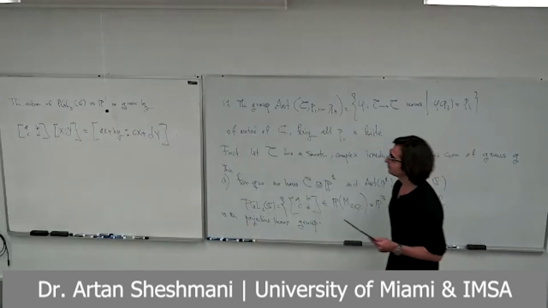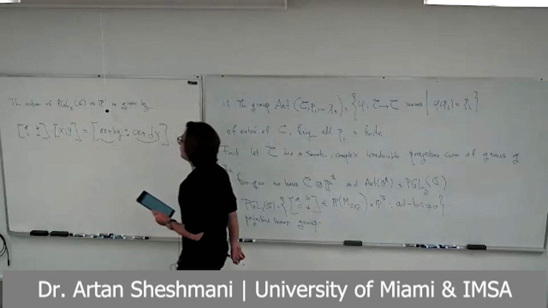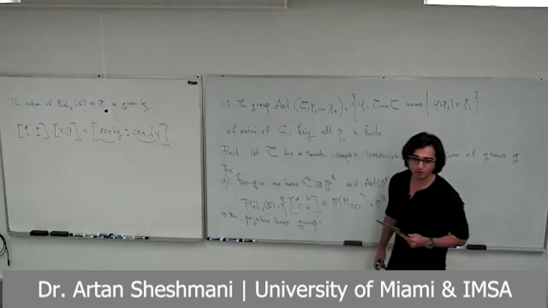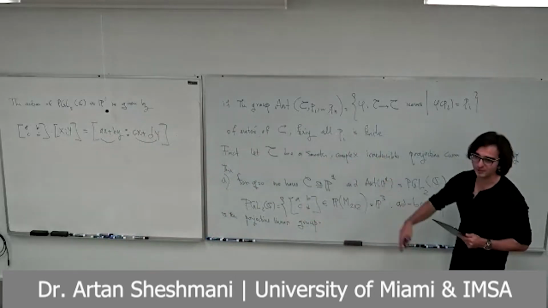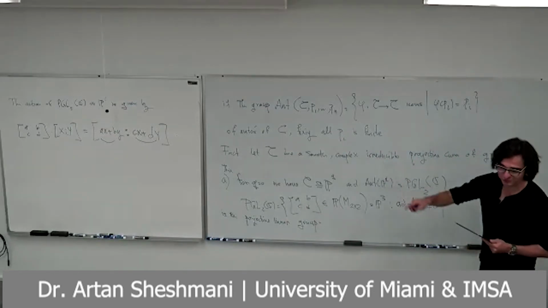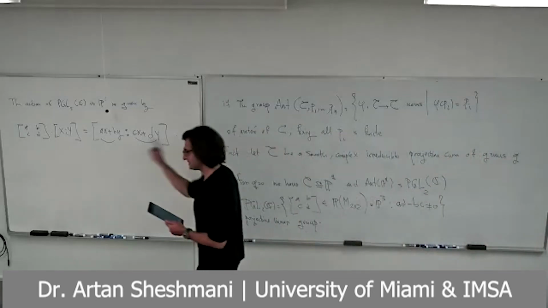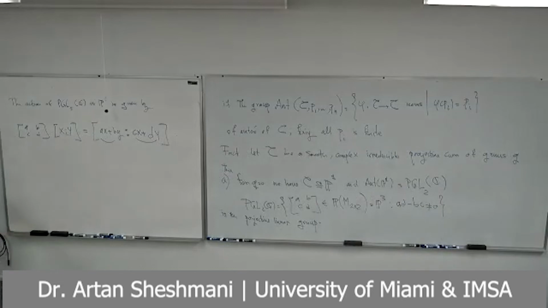These are the 2 modifications of the homogeneous coordinates. These are the new homogeneous coordinates, which also define P1. This P1 is isomorphic to the previous one. So this is a P1, and that's a P1, and this is the action of PGL2C.